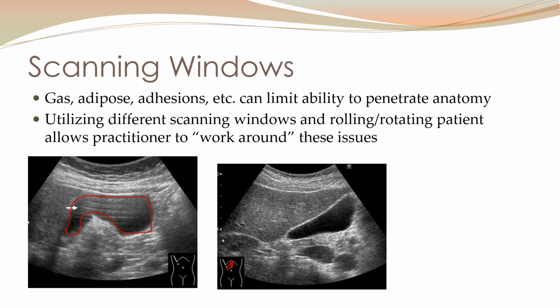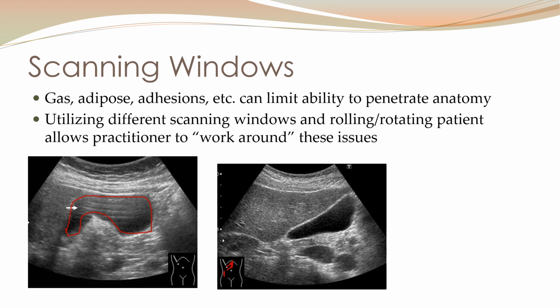But sometimes they might have a lot of bowel gas in their transverse colon or something like that. And so if I were to do that on a different patient, maybe I wouldn't see the gallbladder at all. So my next go-to is to come at the midclavicular line and angle upward. And oftentimes you can get a gallbladder image there. Those would simply be using two different windows to assess the same anatomy.